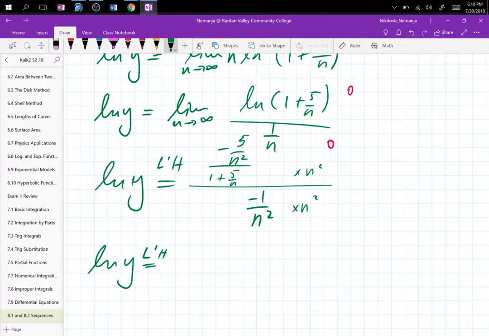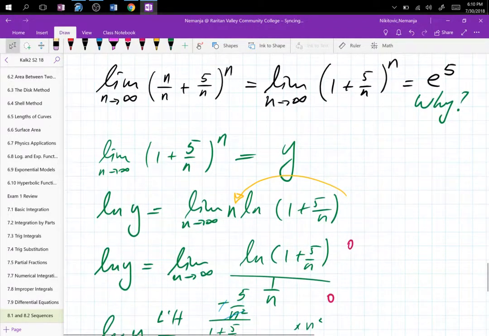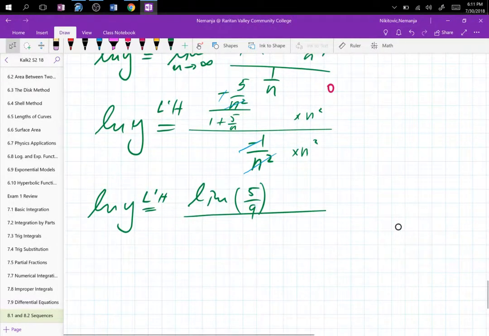So these cancel, and the negative cancels. I'm just trying to pick colors that won't distract. So now you see that everything in the denominator canceled, and you are left only with the numerator, which is the limit of 5 over n. You're supposed to say n, not 9.